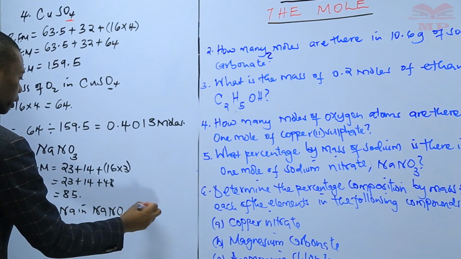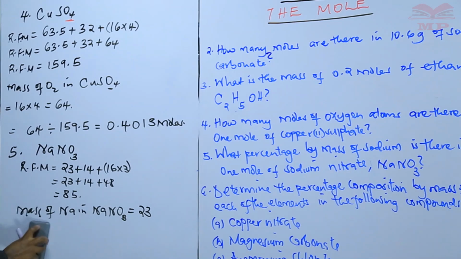Therefore, to get the percentage of sodium, this will be 23 divided by 85, which is the relative formula mass of sodium nitrate, then you multiply by 100 to make it a percent. That is 27.06.